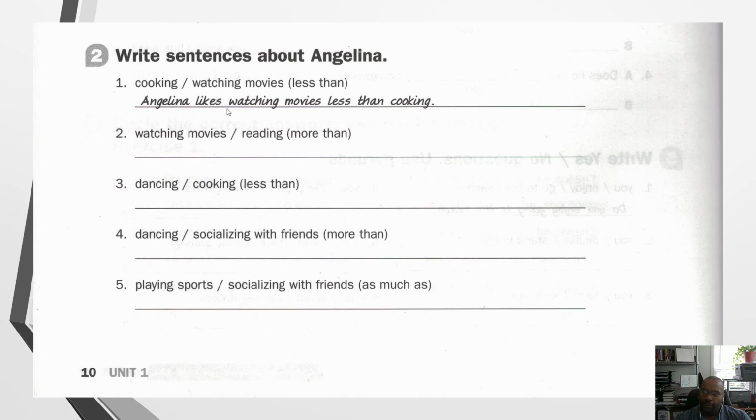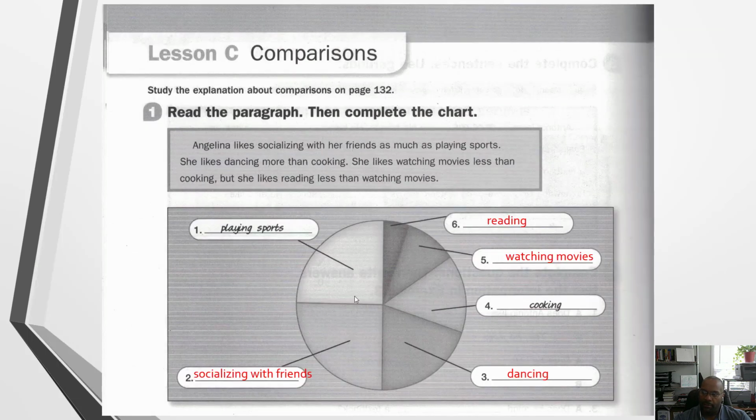Their example is Angelina likes watching movies less than cooking. So we had to use less than, and we had to say cooking and watching movies. So we know from our pie graph that she likes watching movies less than cooking, or we could say she likes cooking more than watching movies.